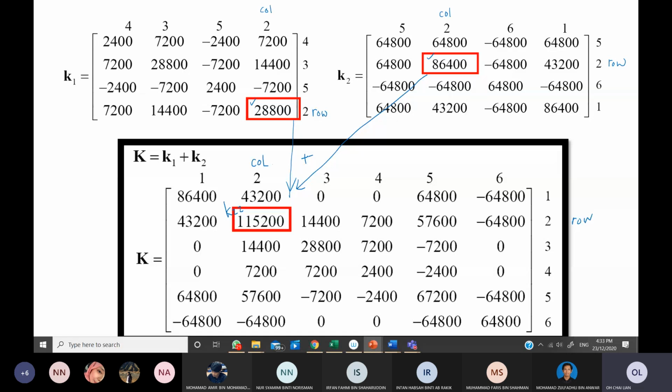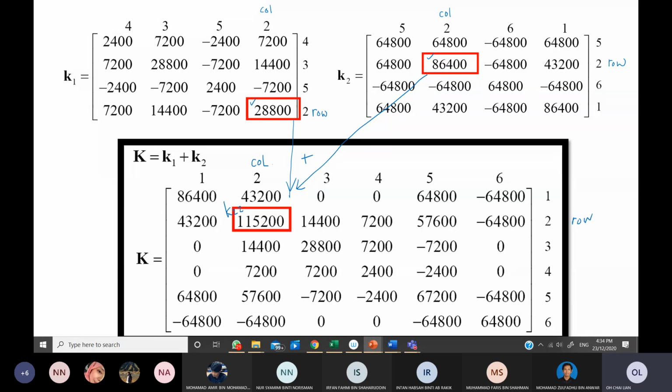So it means that you need to determine the remaining elements in this matrix. This is very time consuming actually. So read the question properly.